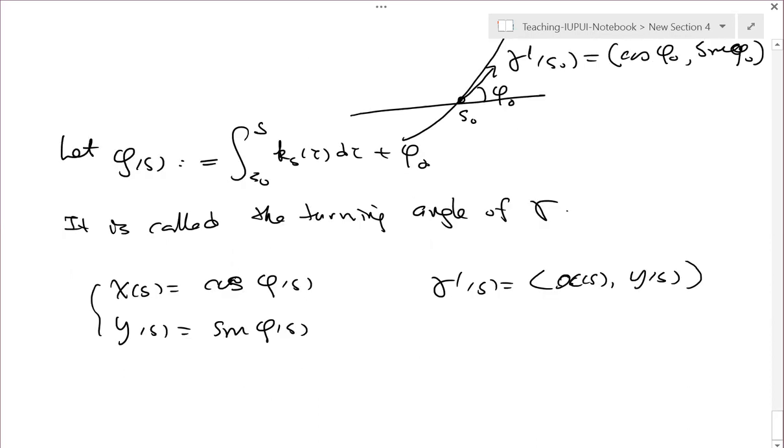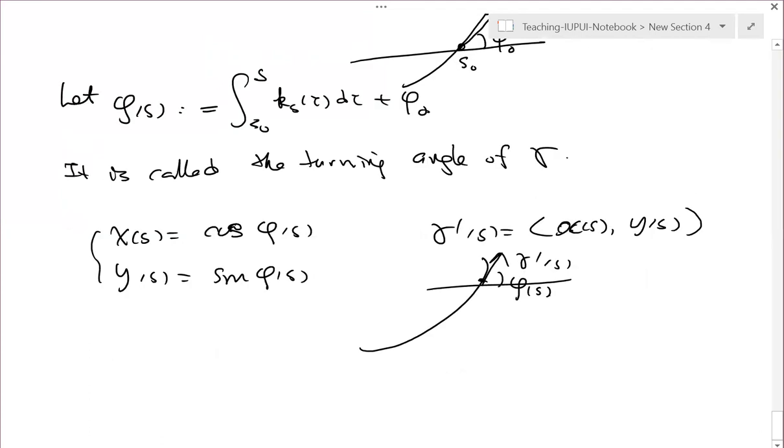So it is reasonable to think about, at an arbitrary point here, this is gamma prime s, and this should be the angle phi. That phi may have a large value, but it's a smooth function, it's differentiable.